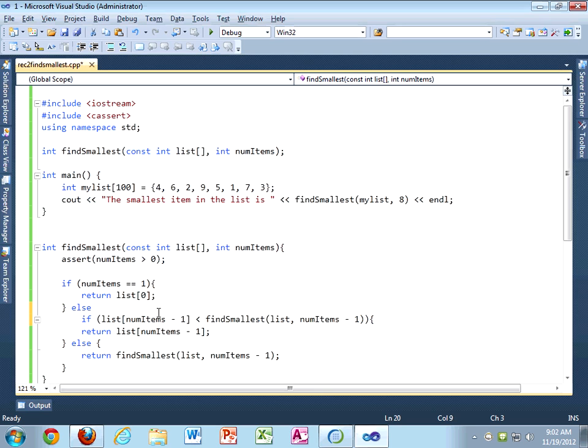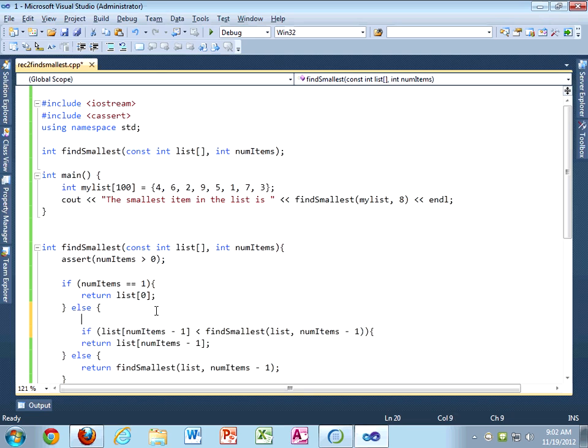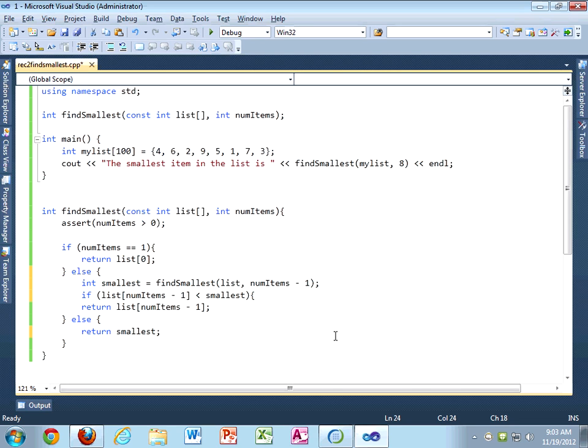go back to the way I had it before. So int smallest, okay, and then we're going to say if less than smallest. My brain's just like take a break there. Else return smallest.